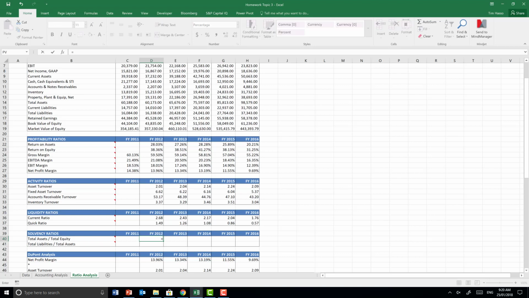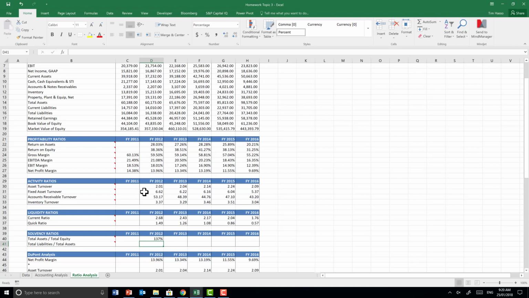So we take an equal sign, and then we type in average, open up a bracket, take our total assets in row 14, close the bracket, divided by average, open up a bracket, and in this case we're looking at our total equity, which is the same as book value of equity. Again, close the bracket, and you get 137%.